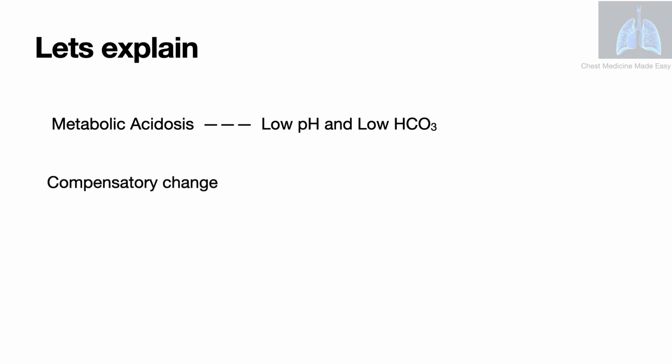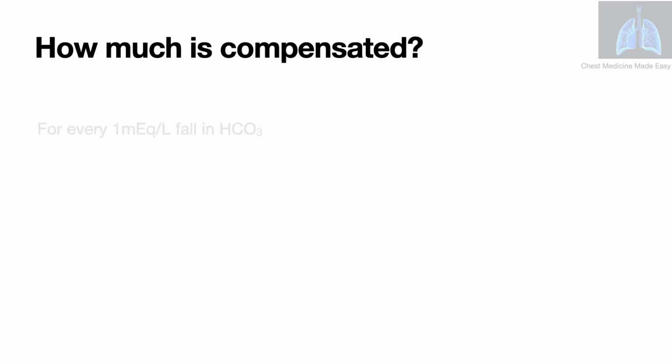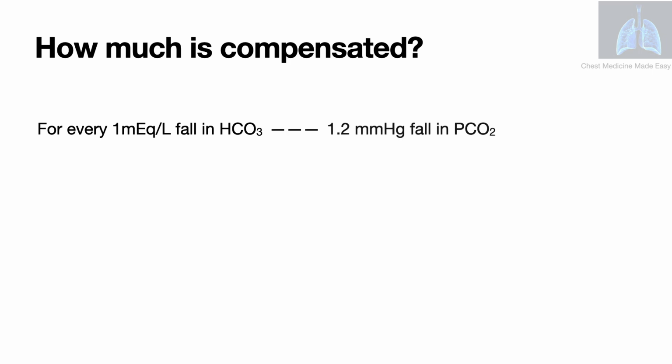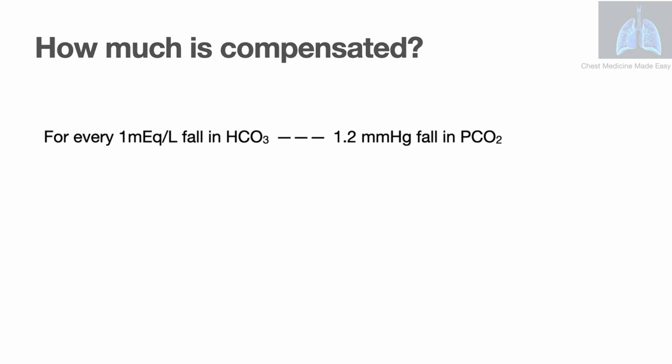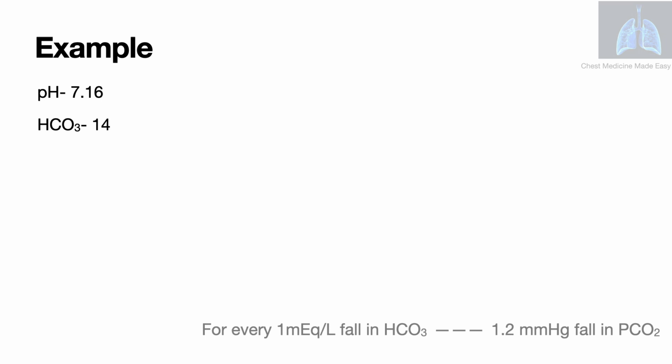The compensatory change would be, again, if you would recall, reduced carbon dioxide levels. But how much is compensated? For every 1 milliequivalent per liter fall in the bicarbonate level, there is a fall of 1.2 millimeters of mercury of PCO2. Let us look at an example.